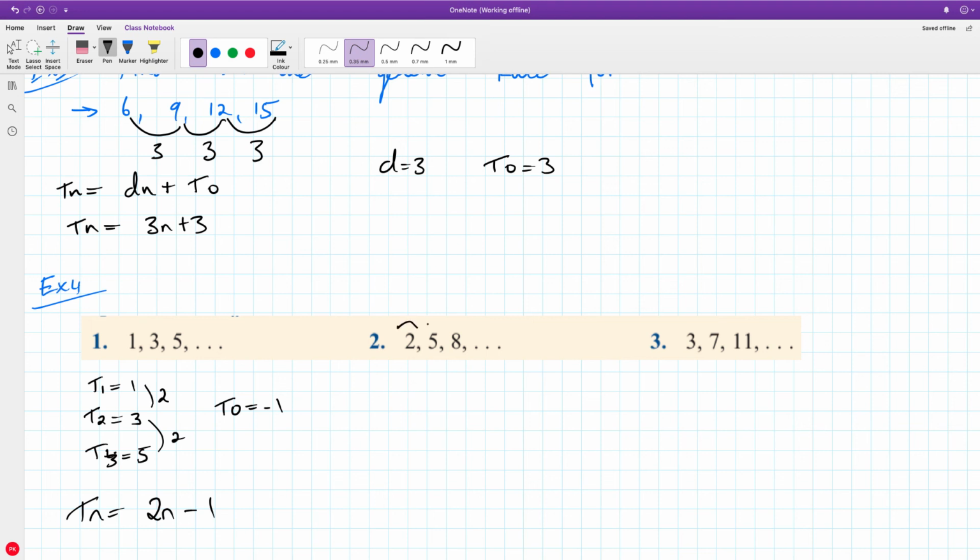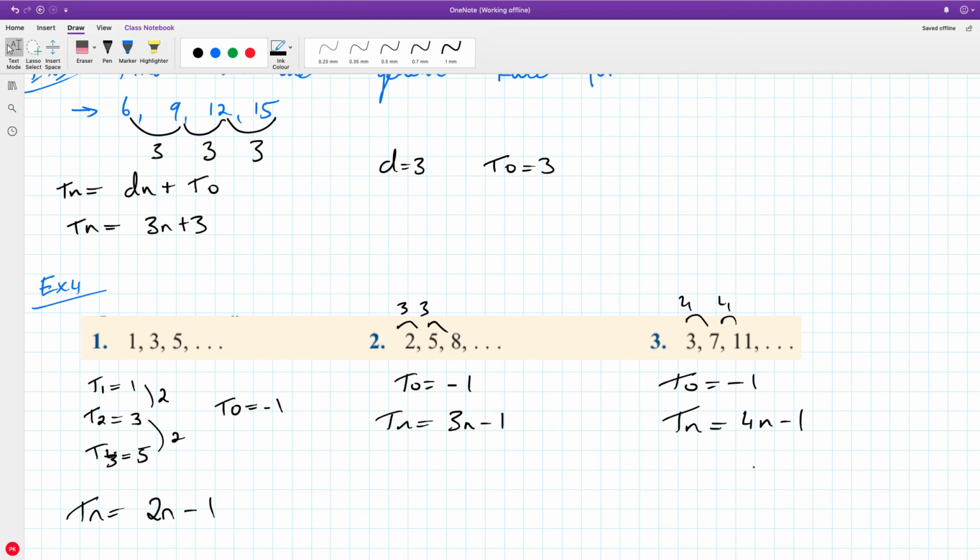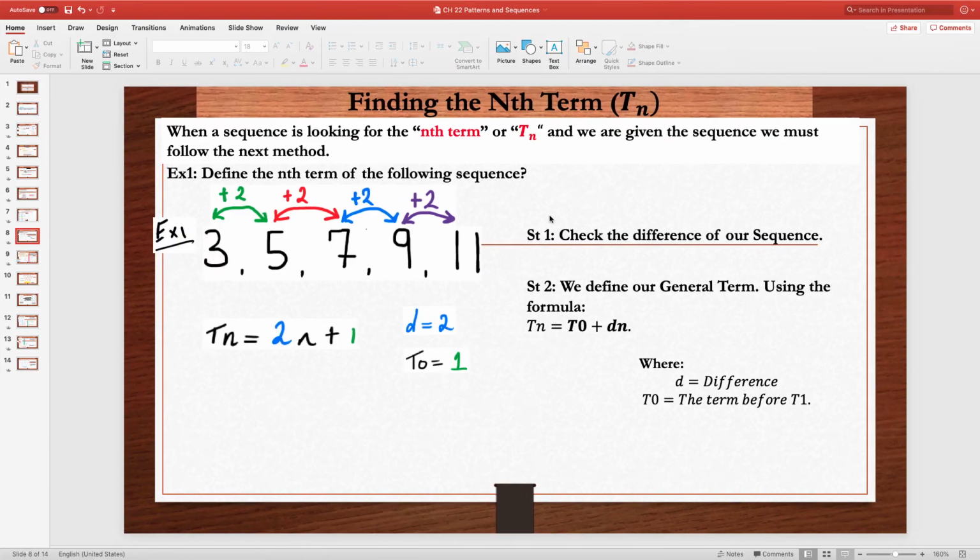What's the difference in each one here? What's T0? Minus 1, so Tn is equal to minus 1. Good stuff. What's the difference here? What's T0? Tn is equal to 4n minus 1. Is that okay? Stuff. Right, next little bit. We're flying through this. Really good stuff.